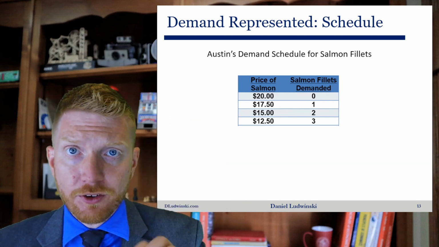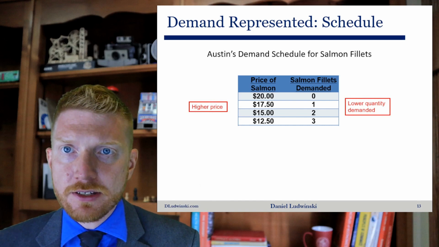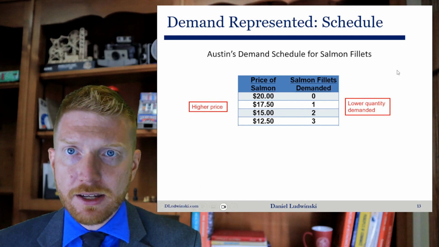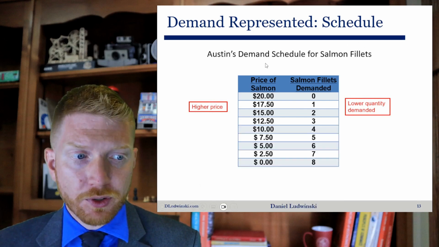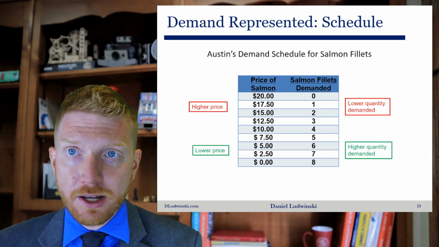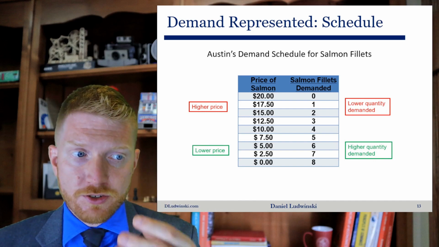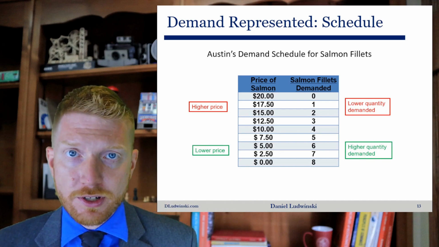Demand is this entire relationship. The law of demand says that at these higher prices, there's lower quantity demanded, and that if we were to look at lower prices, we'd see a higher quantity demanded. So that's the first way to represent demand, through a table, through a schedule.